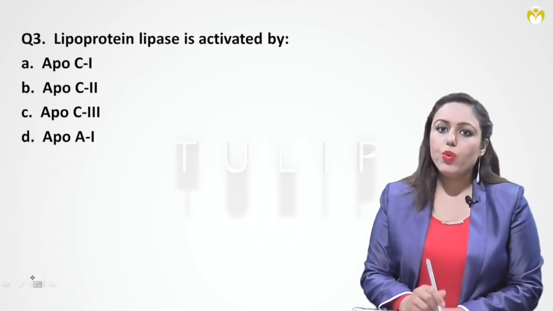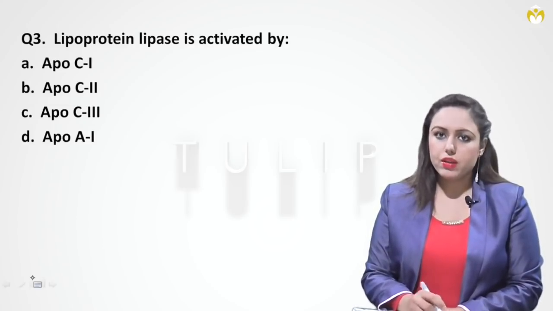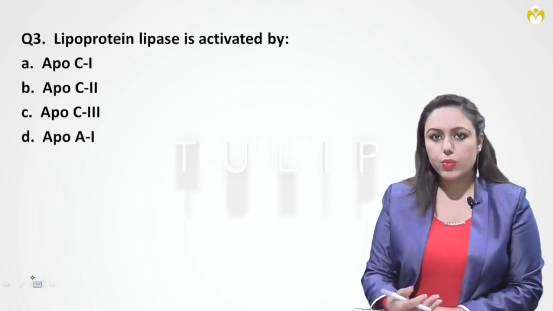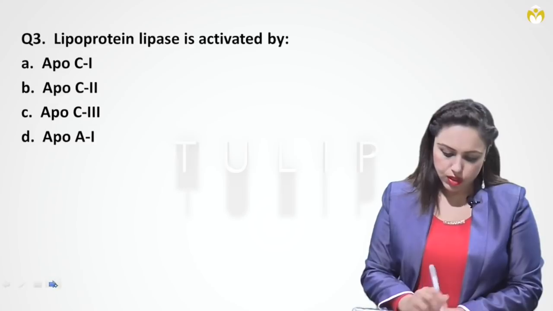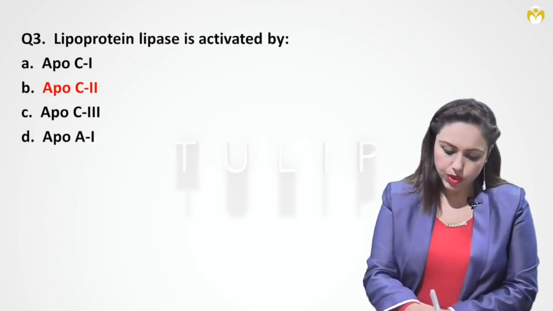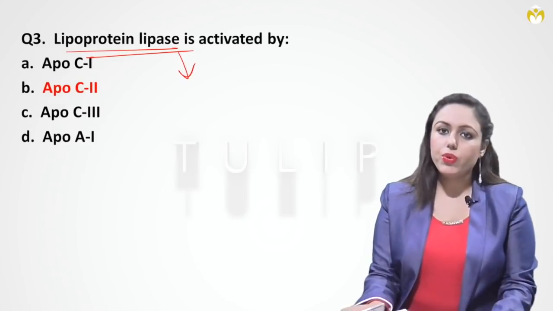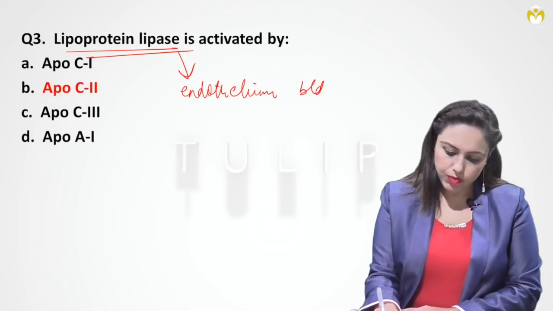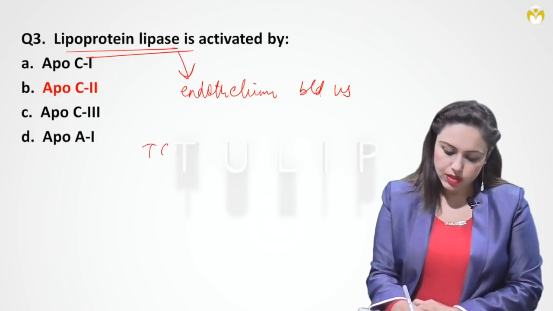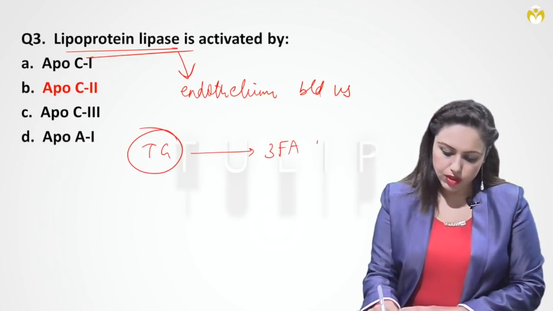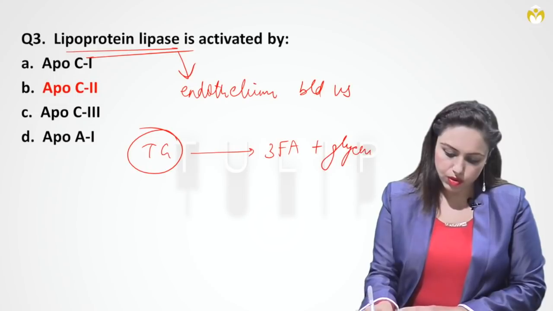Next question is, lipoprotein lipase is activated by which protein here? ApoC1, ApoC2, ApoC3, ApoA1. So the answer is ApoC2. What is the enzyme lipoprotein lipase? This enzyme is present in the endothelium of blood vessels. This enzyme breaks down the triglyceride into 3 fatty acids and glycerol.